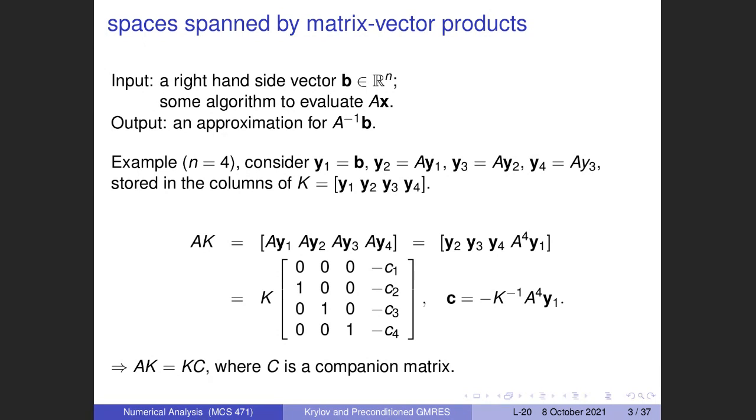Now consider what can we do? Well, we have an algorithm to evaluate A times x. That is what we can do. So we start with some vector, and we could take the right-hand side for whatever.